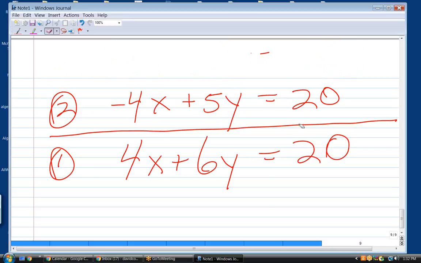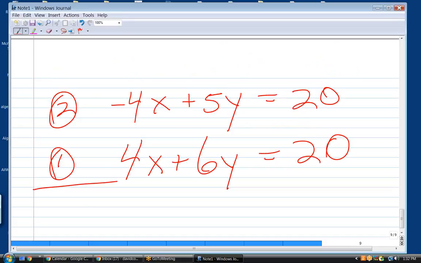I'm going to erase the original one. I'm going to erase that line. And notice that now, if I add the two equations, what variable disappears? The x. Yeah, that's what we're trying to do. In other words, I'm always going to choose a multiplier that causes one of the variables to disappear.